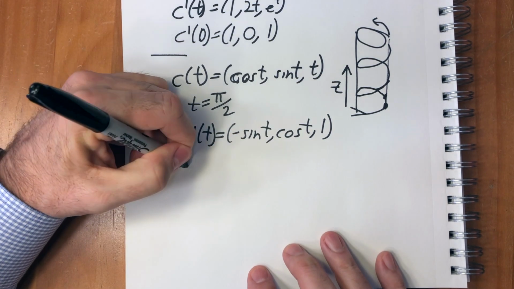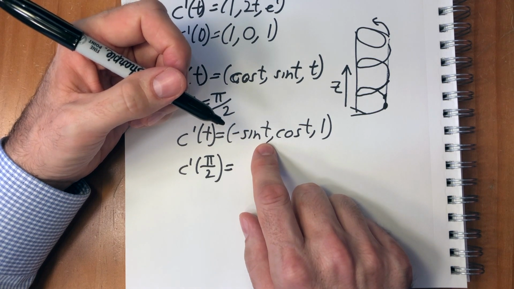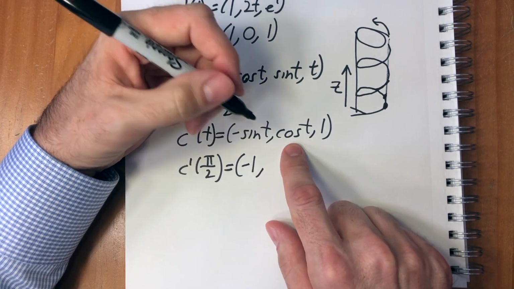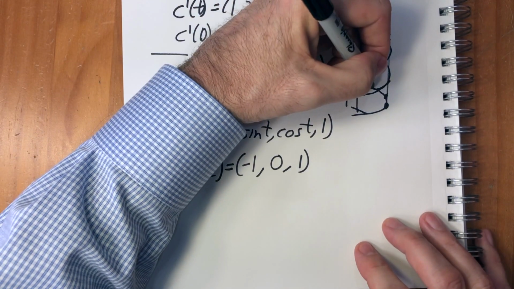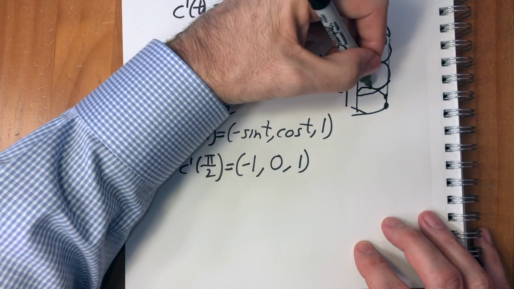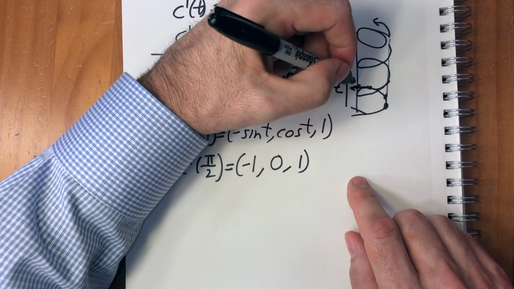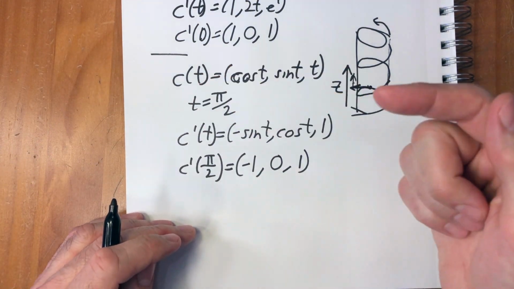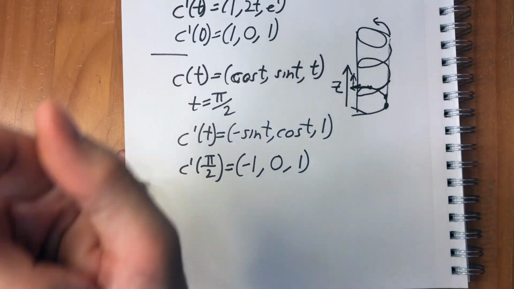At pi over 2, sin is 1, so it's minus 1, cosine of pi over 2 is 0, and 1. So at pi over 2, that might be back here, and it's going directly backward in the x direction. It's not moving at all in the y direction, and it's going up. That's exactly what you'd think, because it's around behind the circle, so at this moment it's moving directly to the left and upward in z.